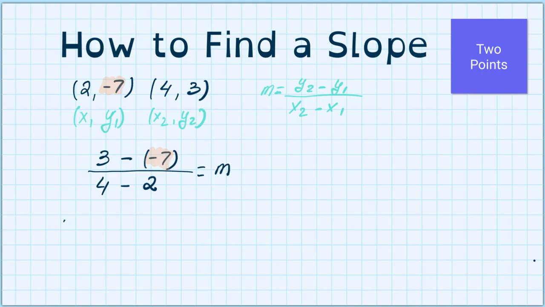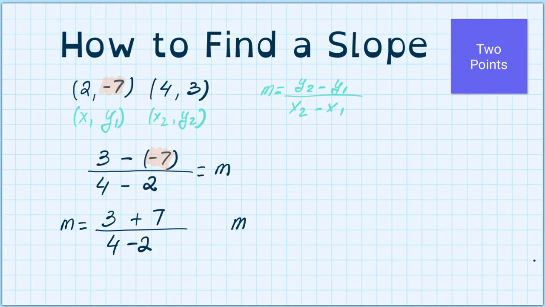So I'm going to rewrite that, saying that 2 negatives equal a positive, so 3 plus 7, and divide by 4 minus 2. Just make sure you're doing this for yourself to clearly see what's happening here. This is where it could be confusing and you will make an error.